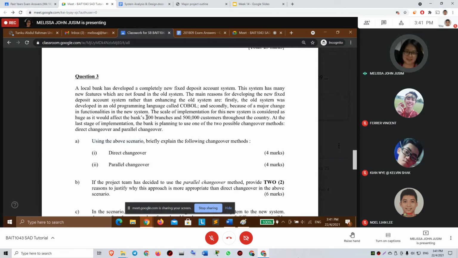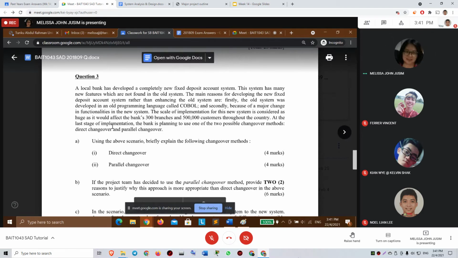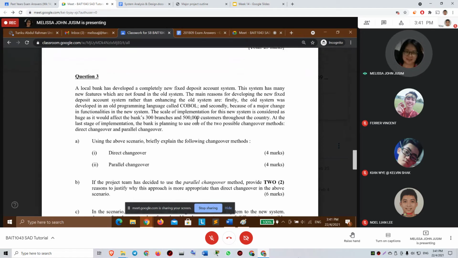Yeah, because it will affect 300 branches. Who is the SA suggesting direct changeover? The impact of failure is too much, 500,000 customers throughout the country. Oh my goodness. Okay, direct changeover.